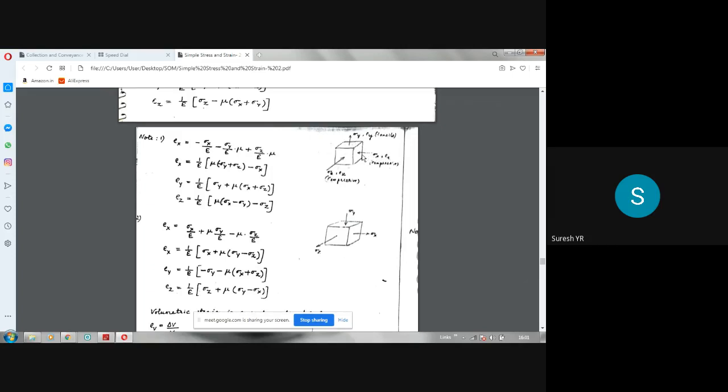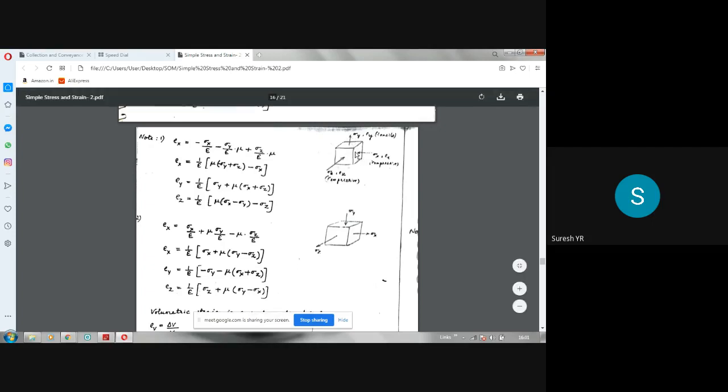Sigma x is compressive here, so I have to take minus sigma x by E. Whereas if you go to sigma y, it is given as tensile. So in this direction it is tensile, and in the other two directions it becomes compressive. That means I have to take minus only in this direction. Even though this is tensile here, in this direction it becomes minus. So minus sigma y by E into mu.